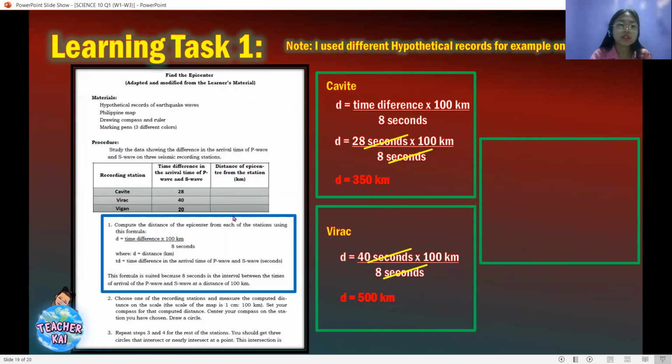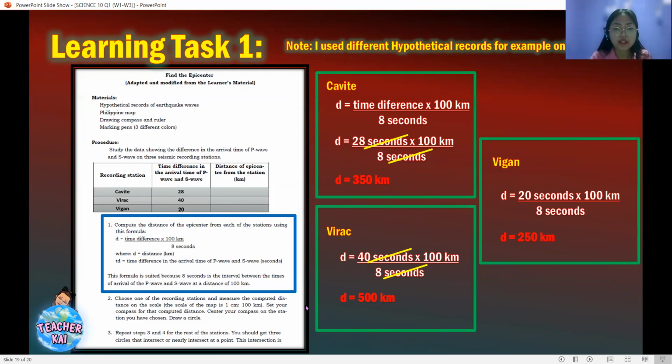Okay, now let's go to the third station, Vigan. So in Vigan, we have a time difference of 20. So let's substitute and compute. So we come up with a distance of 250 kilometers. All right, so we're done with the first procedure.